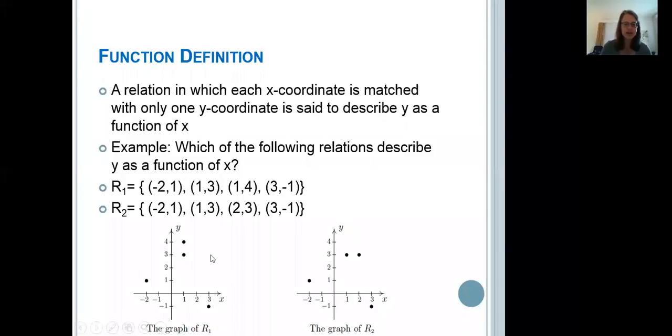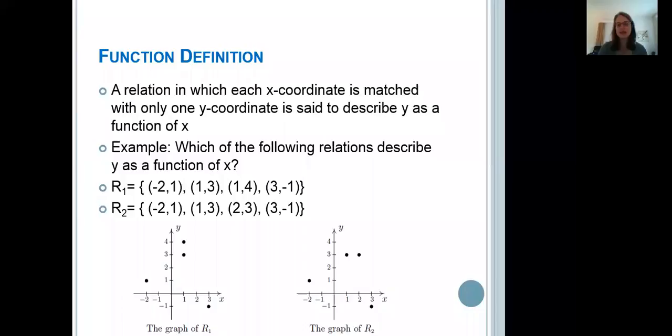So this graph on the left represents relation 1. Let's look at relation 2. This relation is made up of the points (-2, 1), (1, 3), (2, 3), and (3, -1). That relation is represented by this graph here on the right. One of these relations is a function. The other one is not.